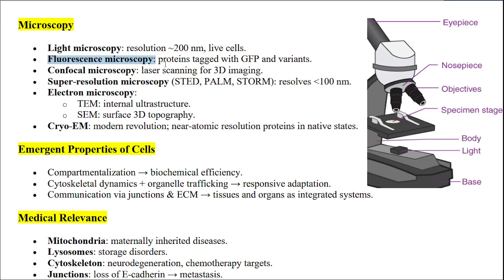You can attach fluorescent molecules either using antibodies that bind to specific proteins or by genetically engineering cells to produce proteins fused to something like green fluorescent protein, GFP, to label the structure you're interested in, say mitochondria or the cytoskeleton. Then you shine specific wavelengths of light on it, and only your tagged structure glows brightly against a dark background.